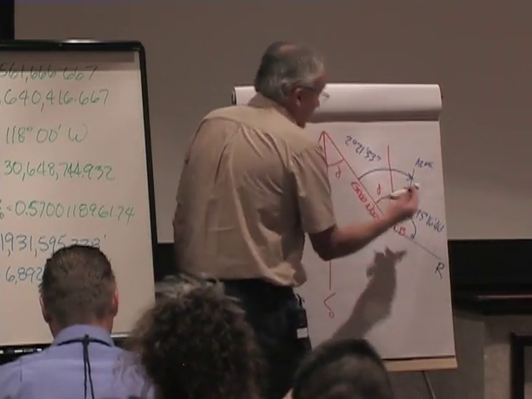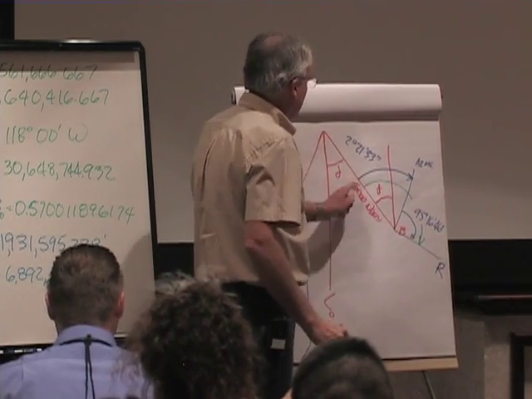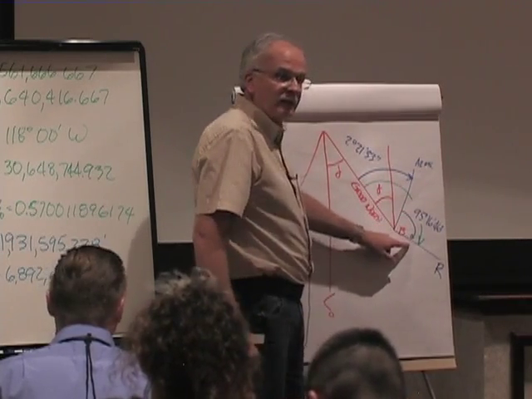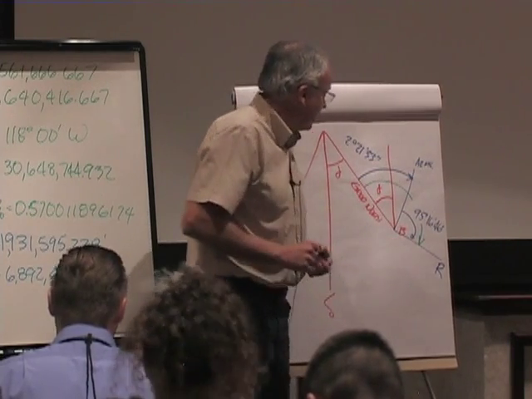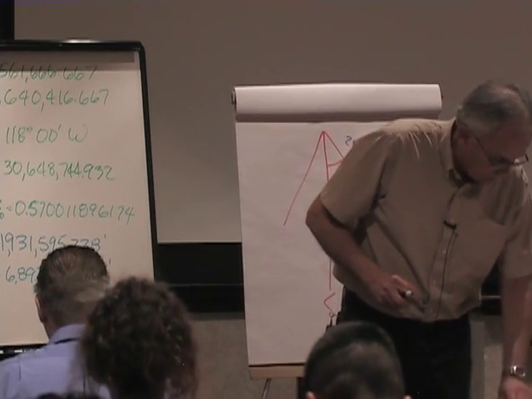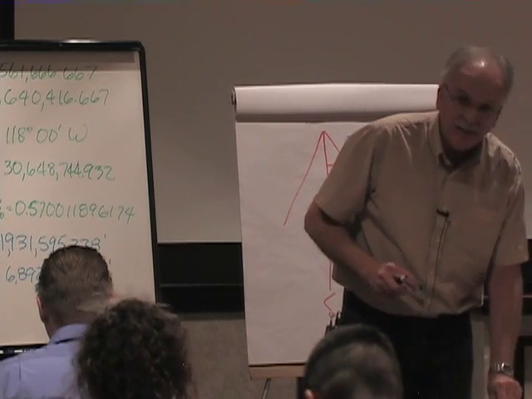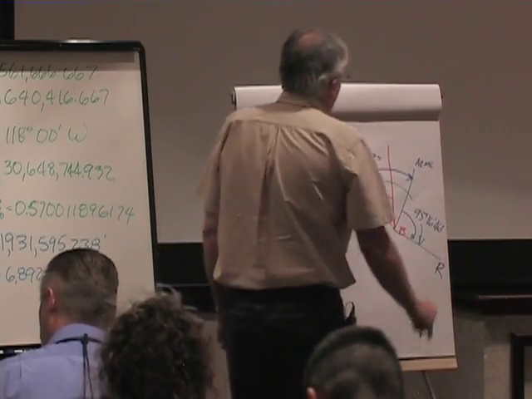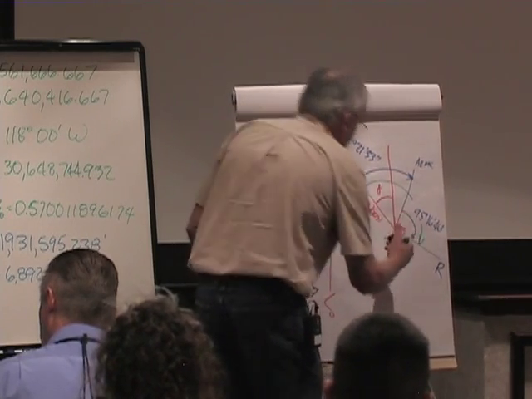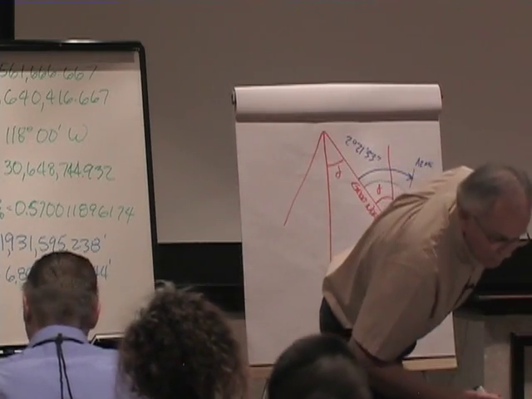Again, if this is geodetic north, then this represents the geodetic azimuth from Bernardino to Riverside, right? So, what is the geodetic azimuth from Bernardino to Riverside? 97, 38, 19. Very good. We know this value here. We know this value here. Therefore, the geodetic azimuth must be 97 degrees, 38, 19.